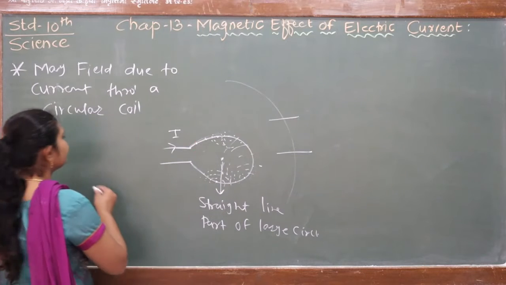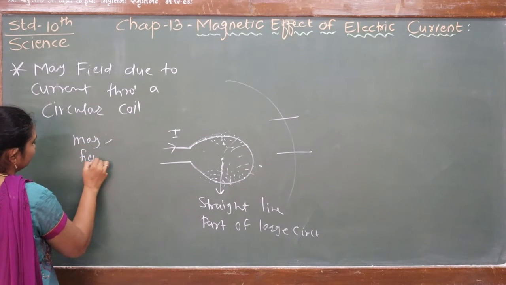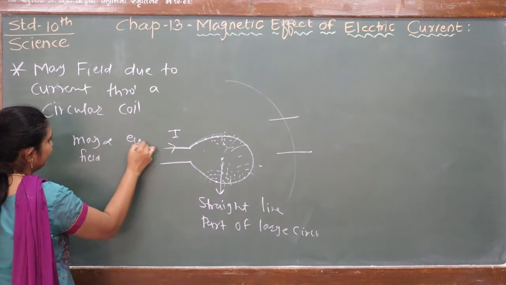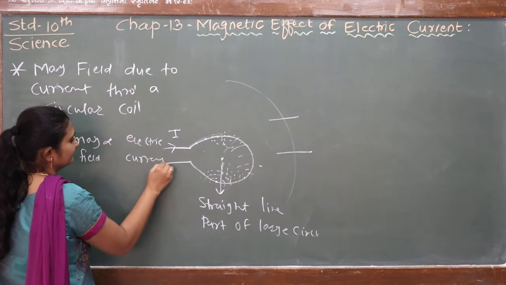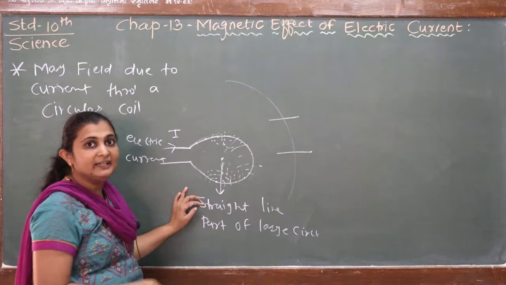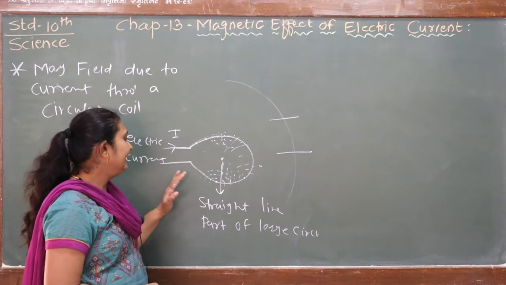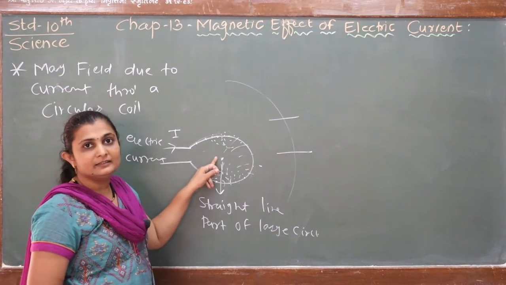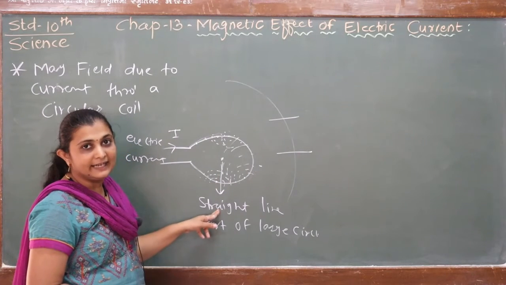Here also magnetic field is directly proportional to electric current, and inversely proportional to the radius of the circle, and in the center the magnetic field is a straight line.